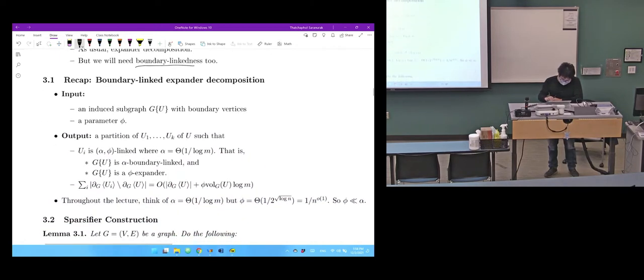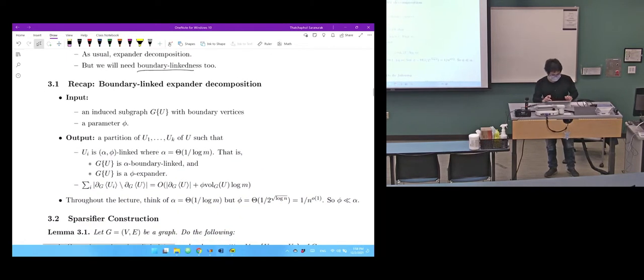Again, to recap, this is a decomposition where, given a graph, you partition U such that each part is alpha phi linked, and the total number of battery is small.